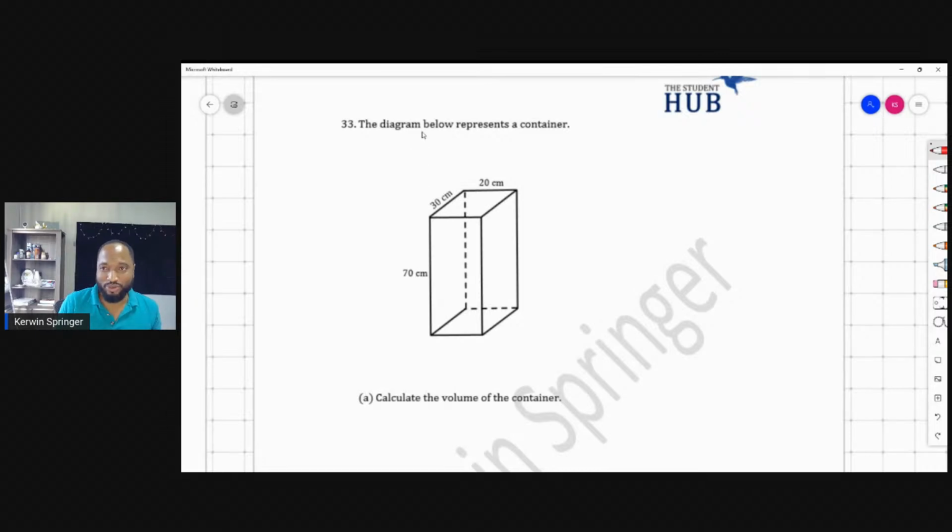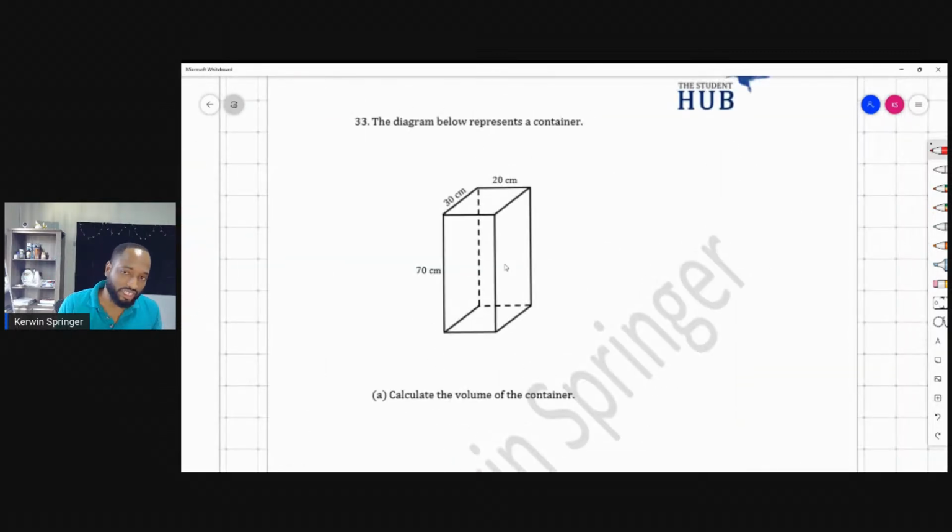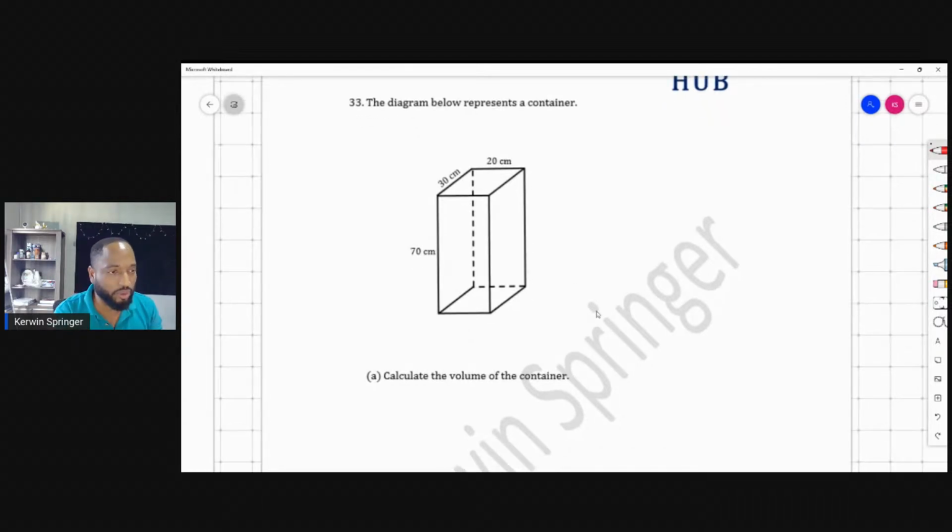The diagram below represents a container. Calculate the volume of the container. The chances of this coming in your exam is low. They might kick up if they bring this because they're not supposed to bring any volume formula. But we're still learning it for the future, when we're out of this current framework that we have for the pandemic and they bring back the whole syllabus. So volume is equal to length by breadth by height.